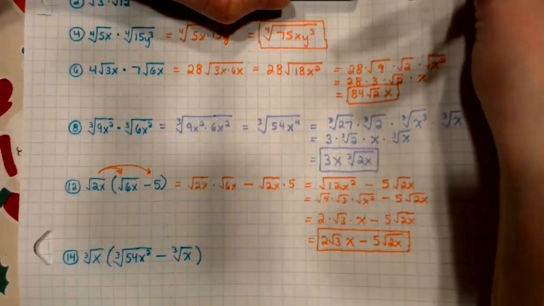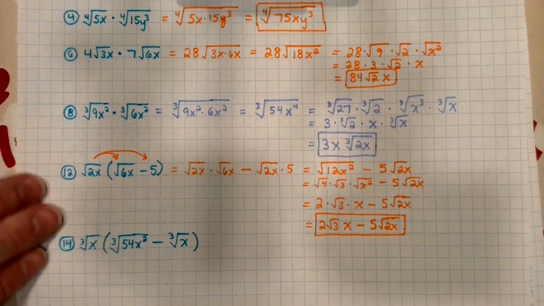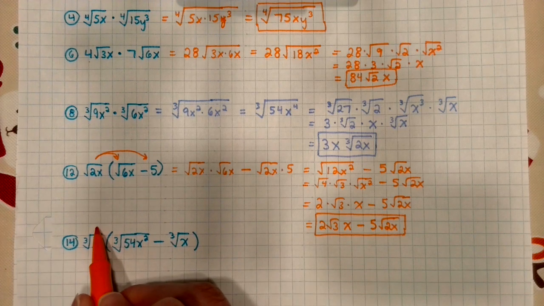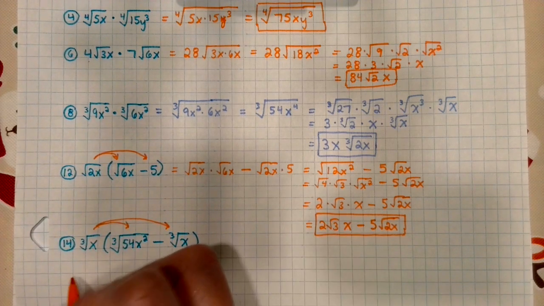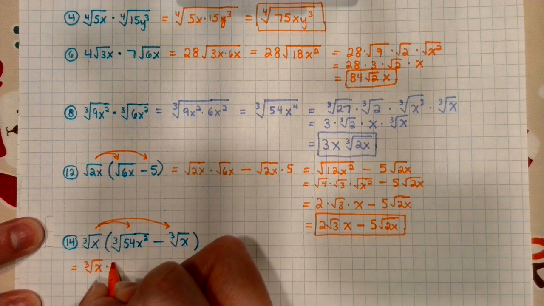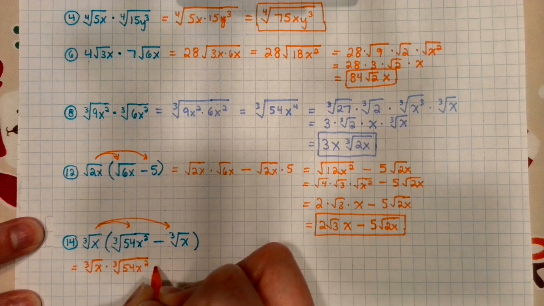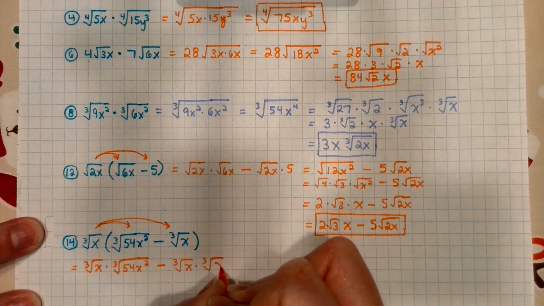And then our next example that we're going to take a look at is number 14. And this again is the same idea as the last question. So we're going to be taking this cube root of x and we're going to distribute to each term inside the parentheses. So this is going to end up being the cube root of x times this cube root of 54x squared minus the cube root of x times the cube root of x.